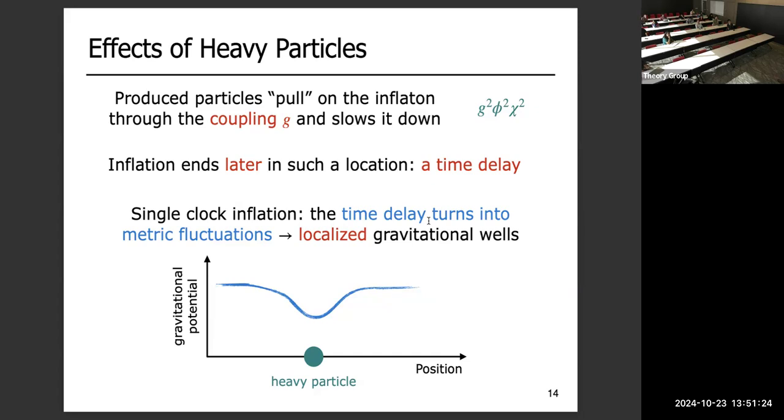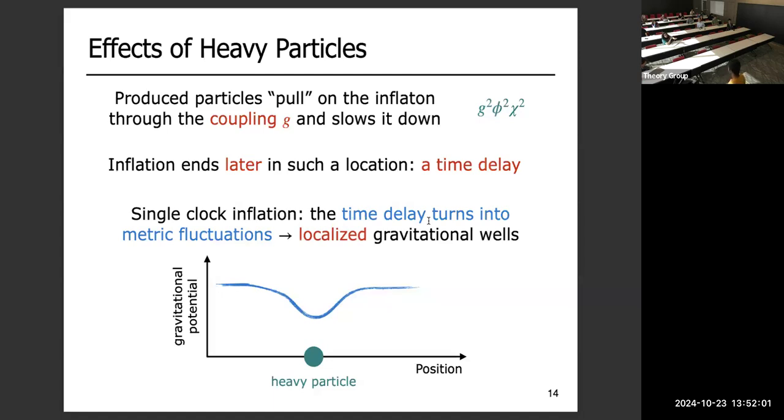So this is some usual number, like let's say 10 to the minus 5. But then around the location of this heavy particle, you have a modification. I'm going to quantify how large the spatial extent is, but this is the cartoon idea. It is around this location where the inflaton was slowed down, and that's why inflation ended later, and that would eventually mean that you have more energy density in that location compared to the neighboring regions. Okay, so that means you have a localized potential well.